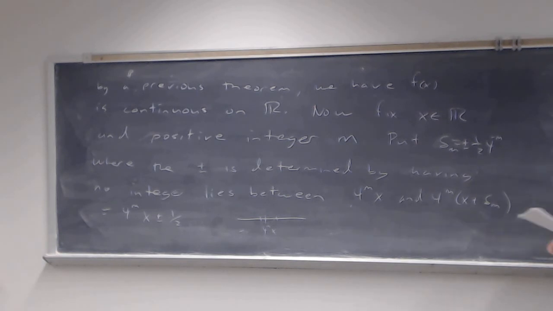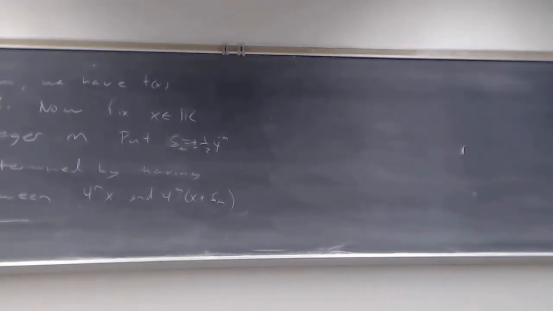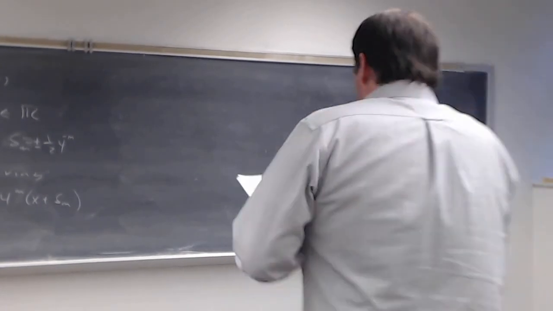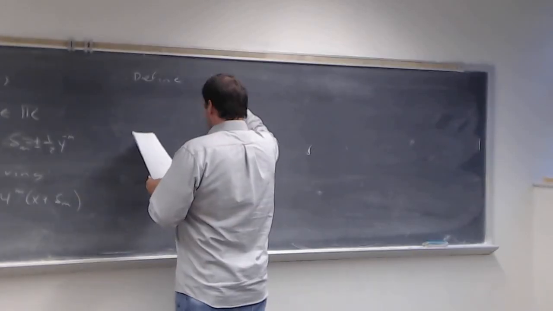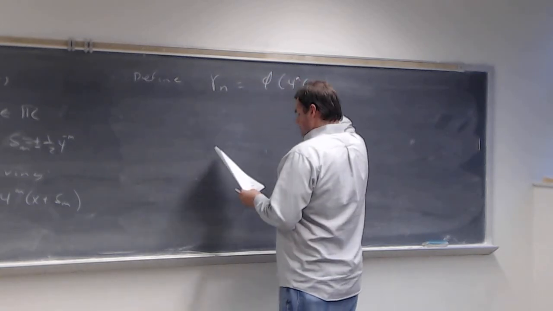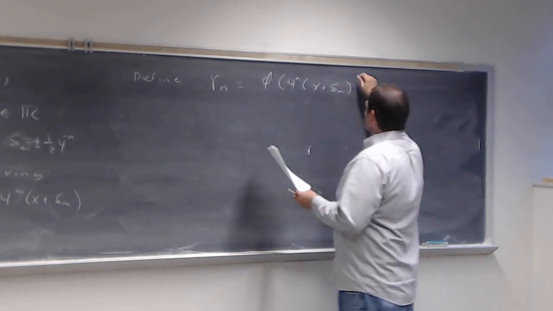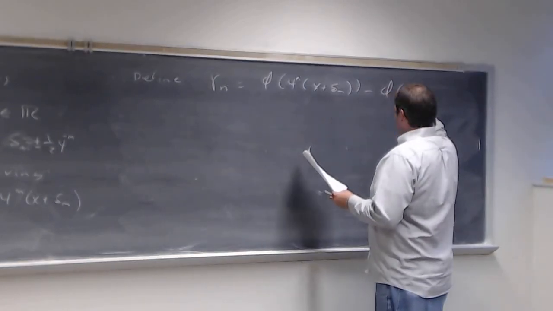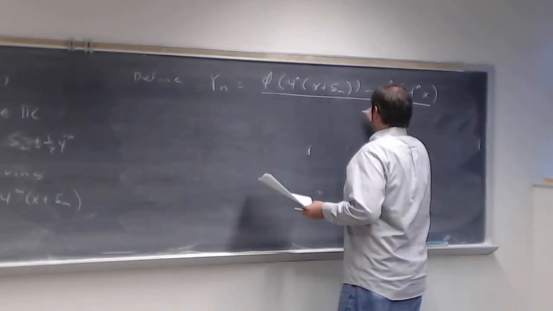Now, we're going to define this number, gamma of n, and it's going to be equal to phi of 4^n times x plus delta sub m, minus phi of 4^n times x, all over delta sub m.